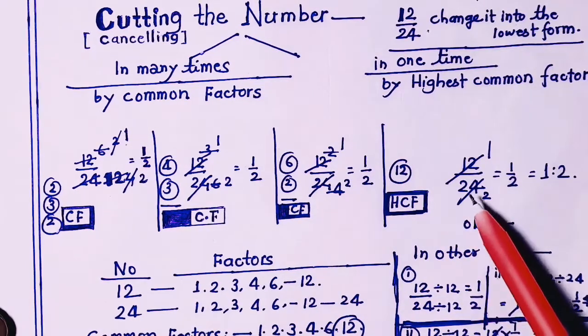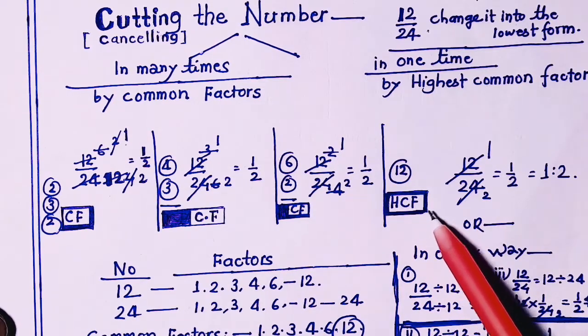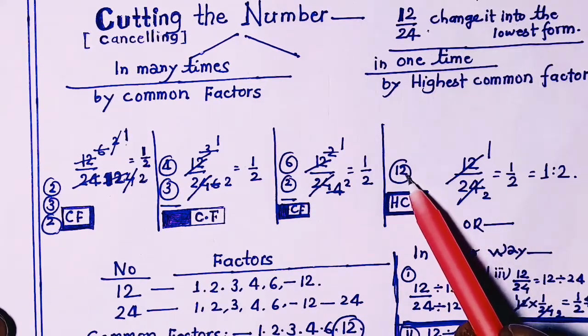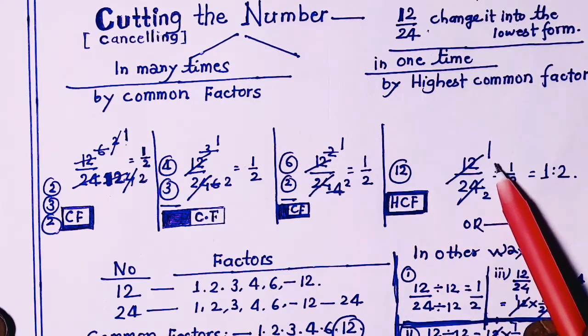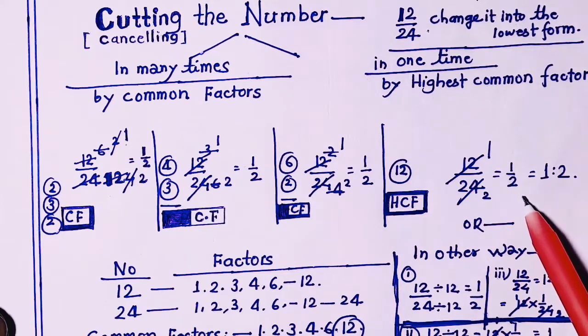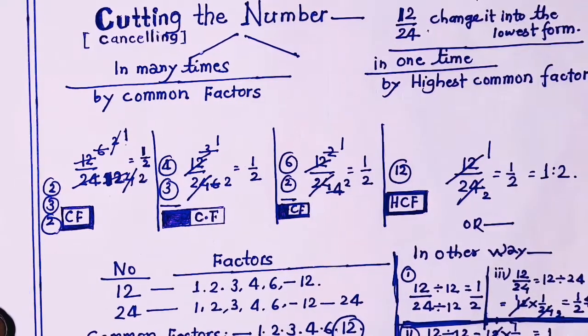But for 12 by 24, the HCF is 12, and when the number is cancelled by their HCF, it takes no more time and it is done very quickly.